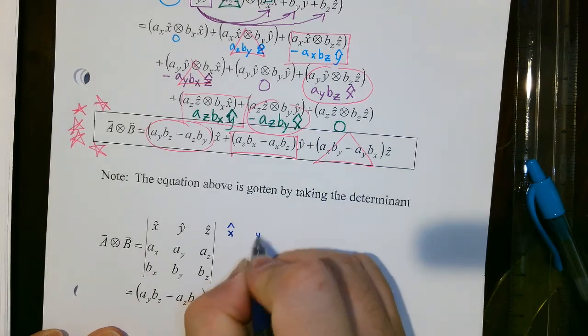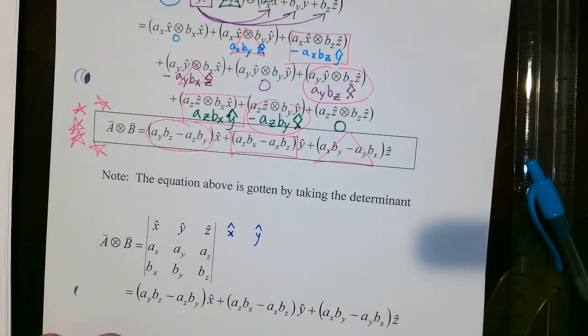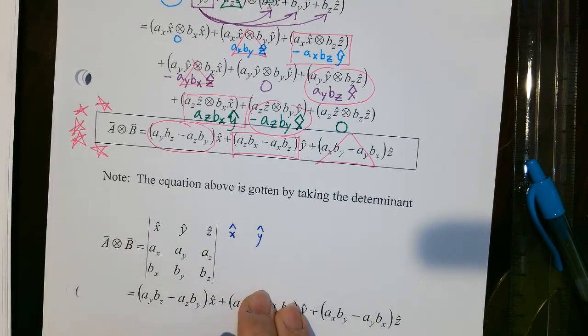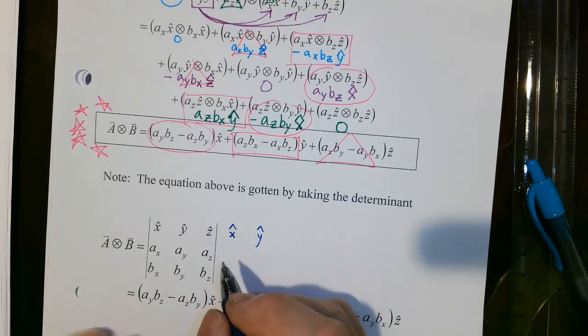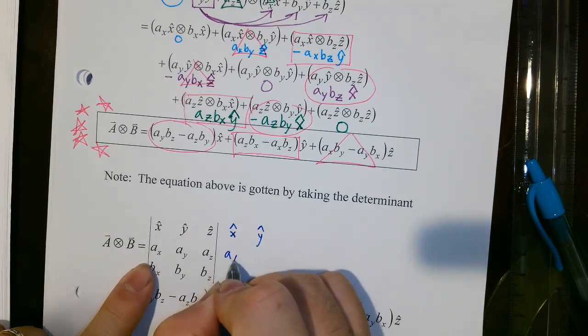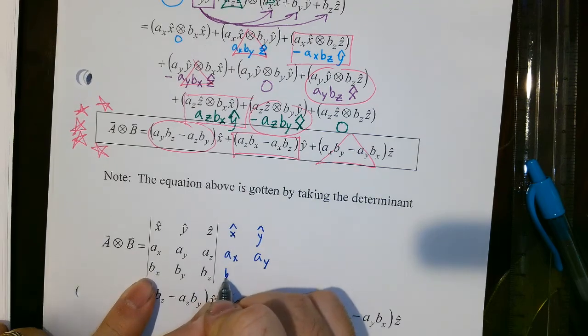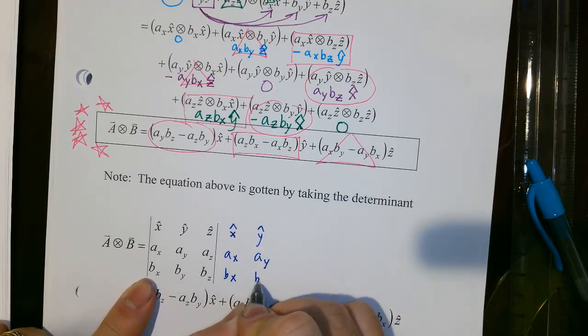All right, and then I just extend x and y further out. I know it's been so long ago you did this, but then I write down the ax and ay here, and then the bx and by here.